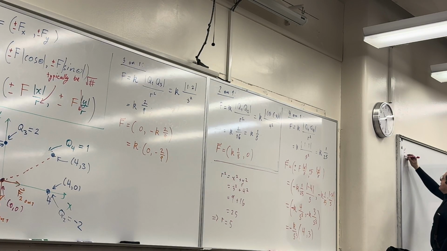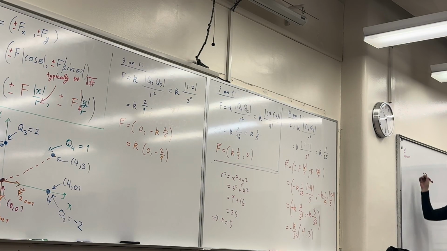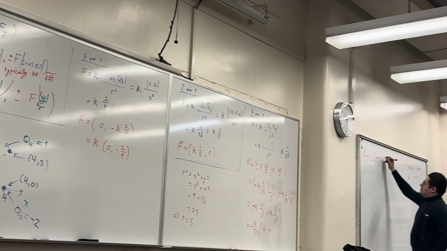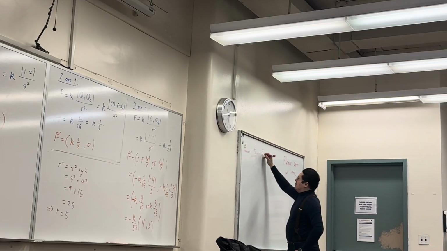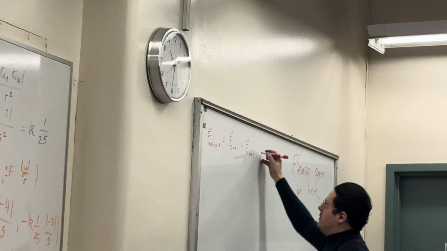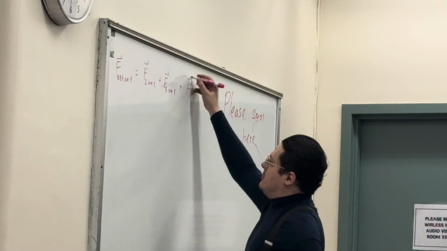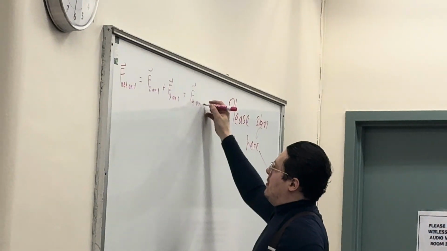So now I will write it as net on 1 is equal to 2 on 1 plus 3 on 1 plus 4 on 1.